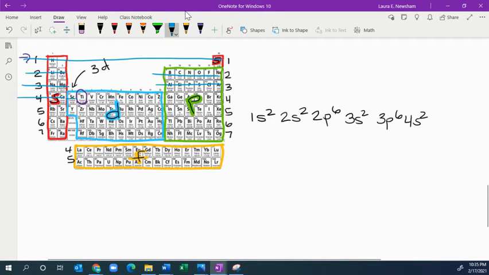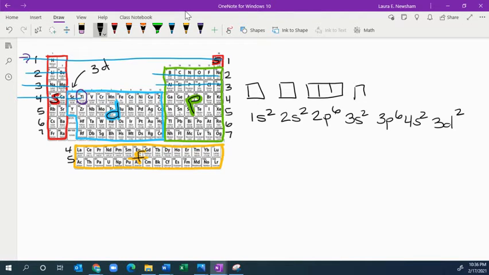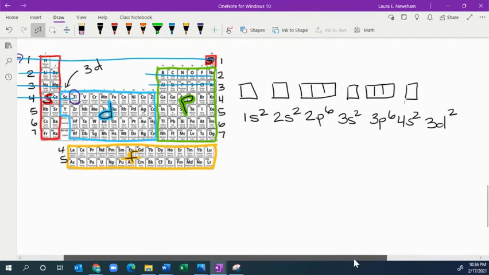And then now I'm in my D. Remember, D goes down in energy level, so it is 3d2. To do my orbital notation, I'm going to need some space here. So 1 box for S, 1 box for S, 3 orbitals for P, 1 for S, 3 for P, 1 for S, and then how many do I have for D?